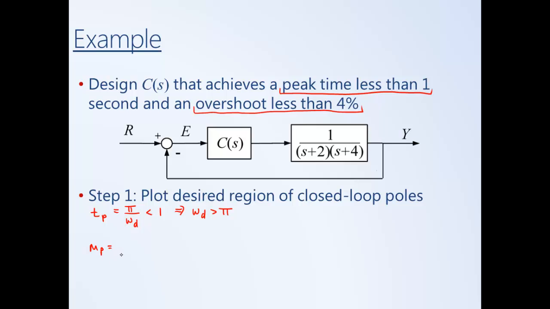We know that overshoot is equal to e to the minus zeta times pi divided by the square root of 1 minus zeta squared. And we want that to be less than 4%, so we'll say less than 0.04.